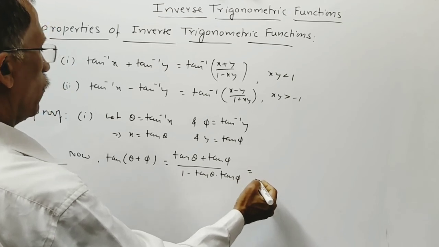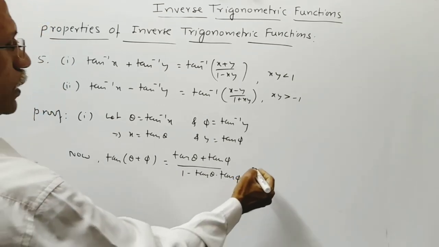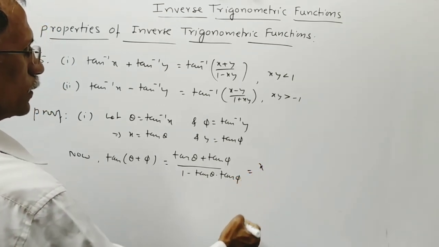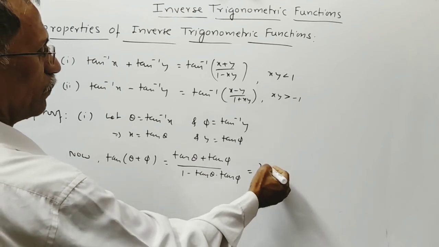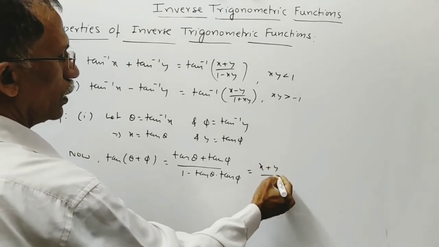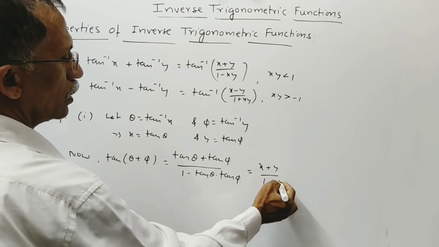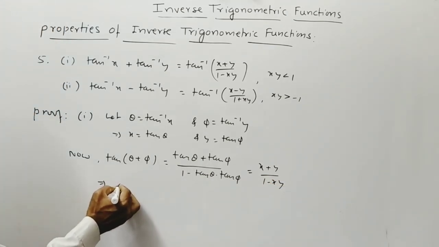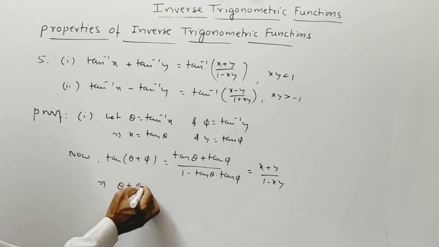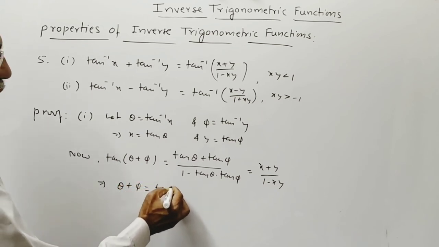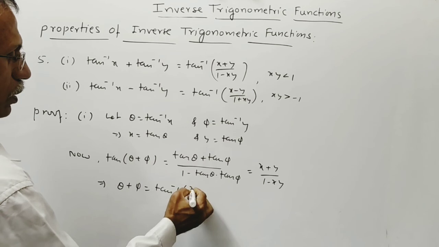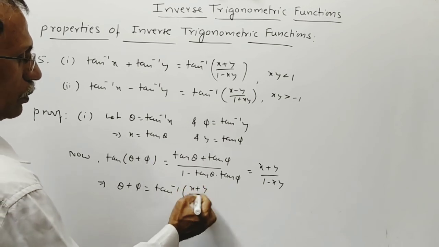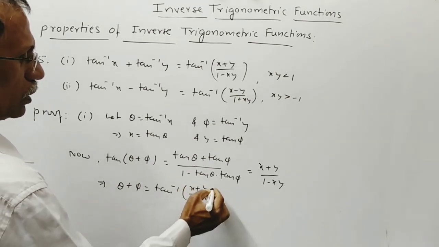This is equal to, what is tan theta? x, tan phi y, divided by 1 minus xy. This implies theta plus phi is equal to tan inverse of x plus y divided by 1 minus xy.